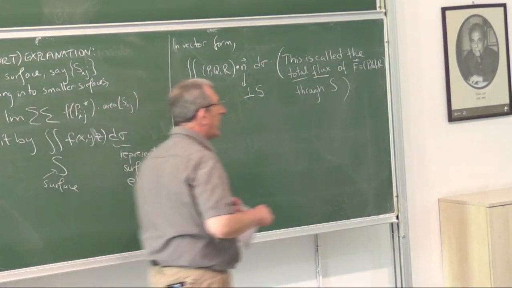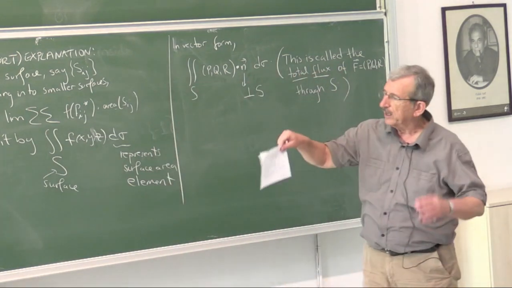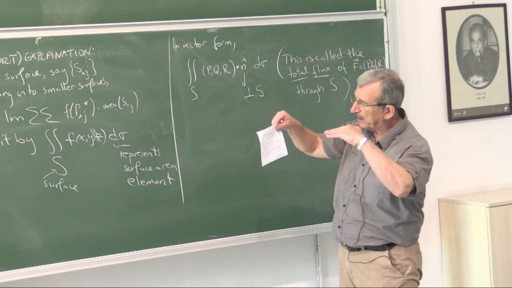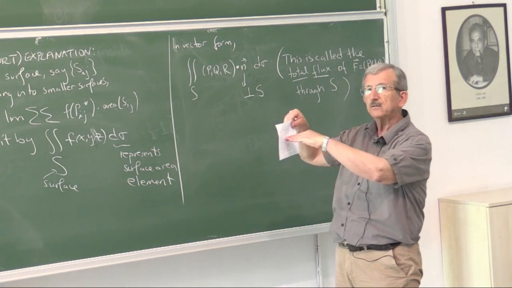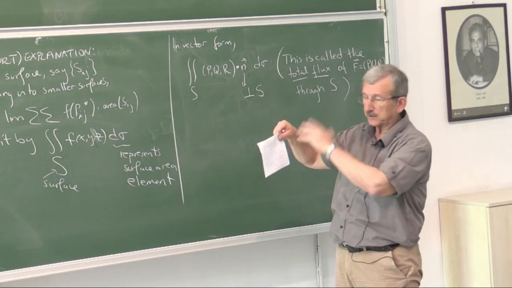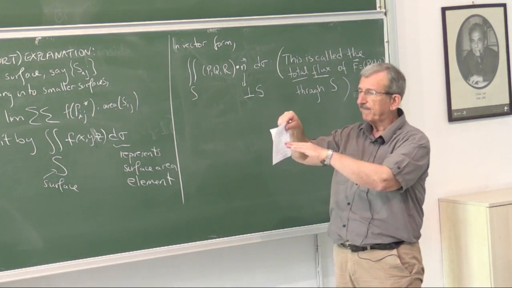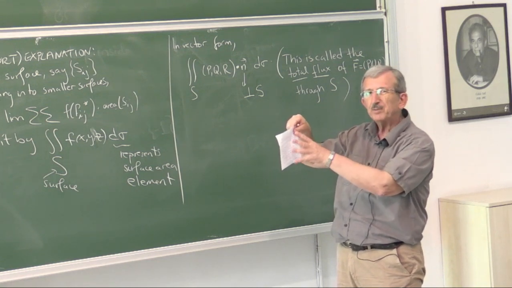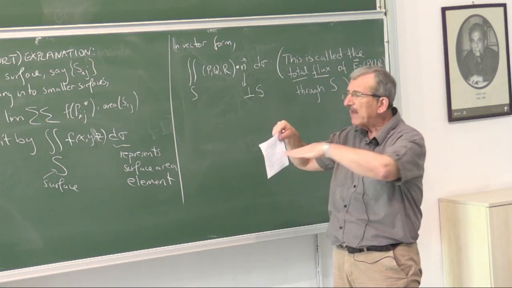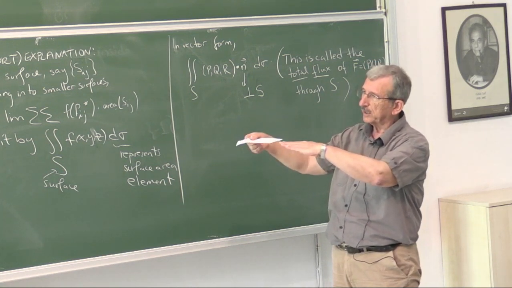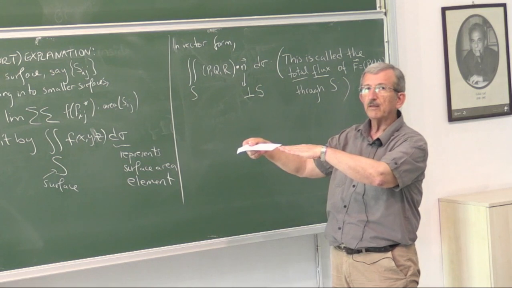If we have a surface, and if this is the force, then you multiply the perpendicular component with the area, and then add. That's the surface integral or flux. But if the normal of the tangent plane and the force are perpendicular, then there is no flux.